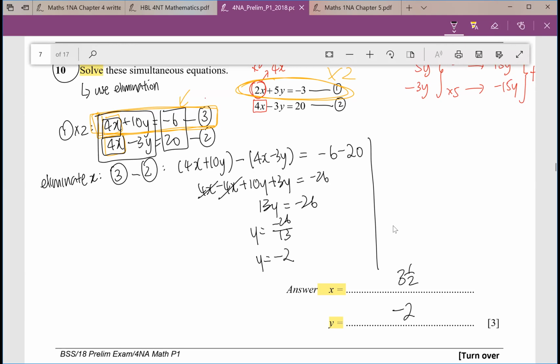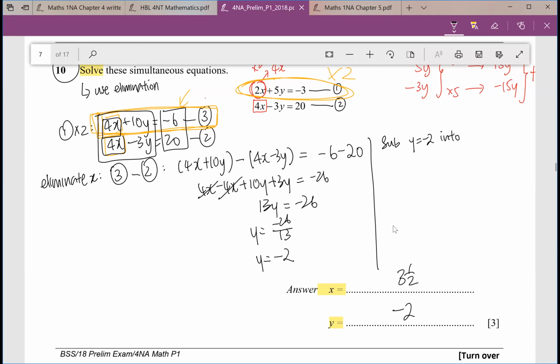Now you substitute y into the equation. Which equation? First or second? Or third? Can I put into the second equation?